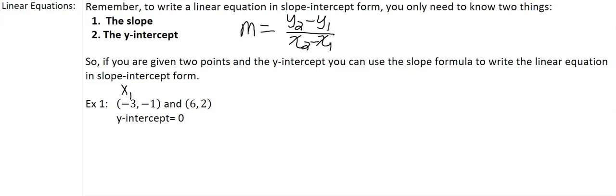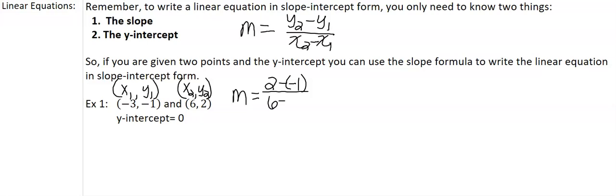So I'm going to name which one's my x1, y1, and x2, y2. So we know that it's the change in y, so our y2 is 2, and we are going to subtract our y1, which is a negative 1.